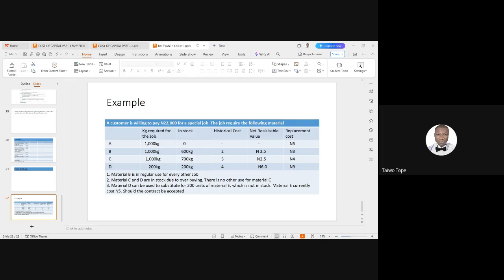So once we see a statement in this order, have no alternative use, can be used to get a contribution of this, what we are to be looking at is what those alternatives are, the alternatives that we can use the materials for. The relevant cost associated with those alternatives is what we have to consider. So when we have more than 2 alternative uses, the higher of the alternatives will come as the relevant cost. I don't know if I answered your question, sir.